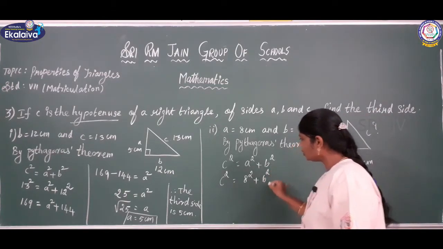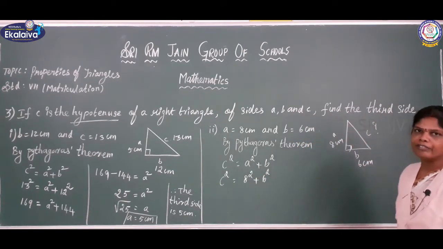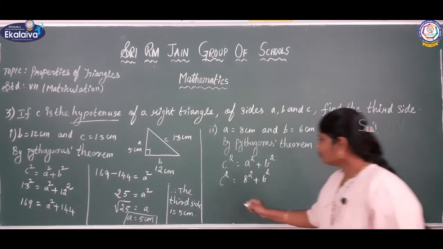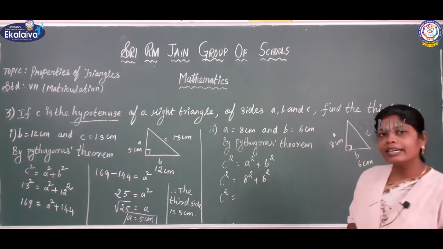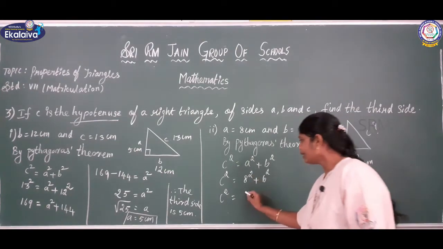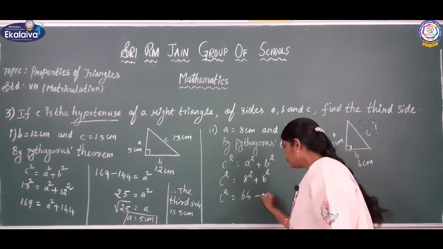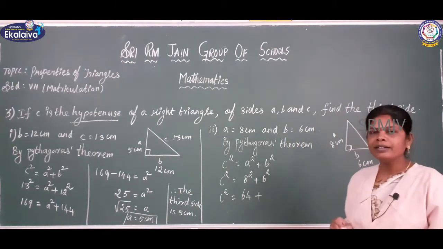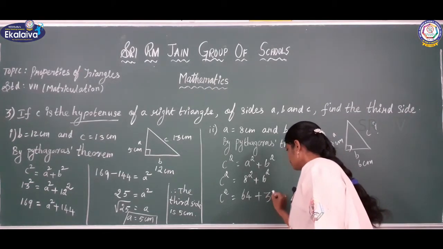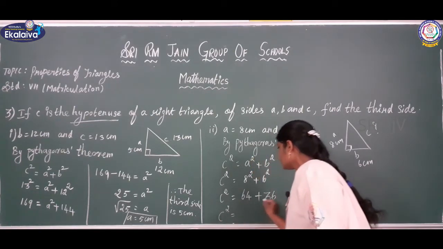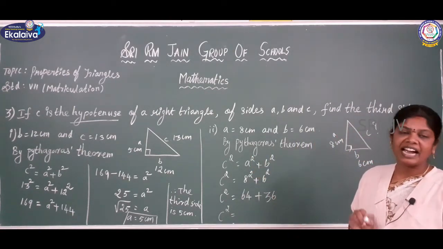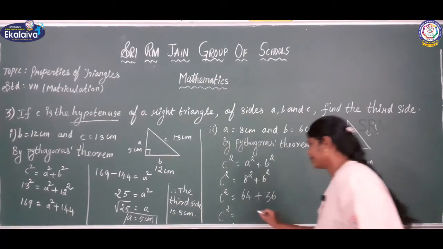What I did here, children, I just substituted the values. Now C square equal to 8 square. When we square this, what will you get? 64 plus 6 square, you get 36. So C square equal to 64 plus 36. When we add this, what will you get? 100.